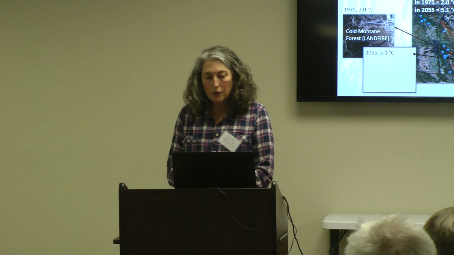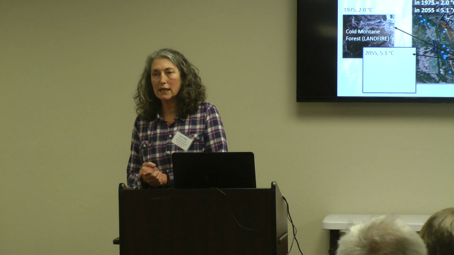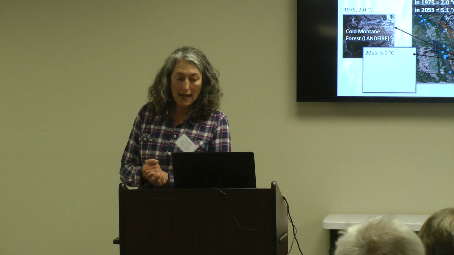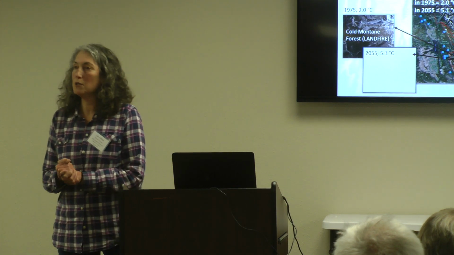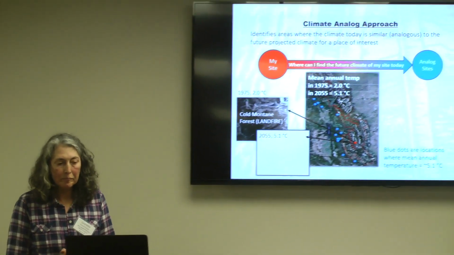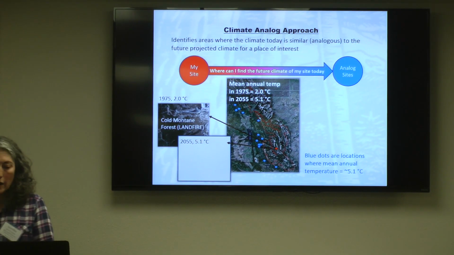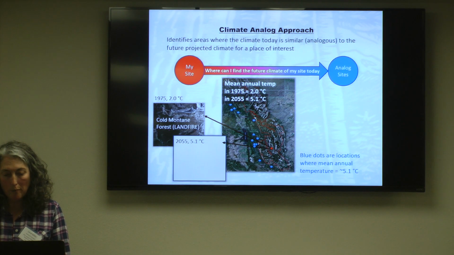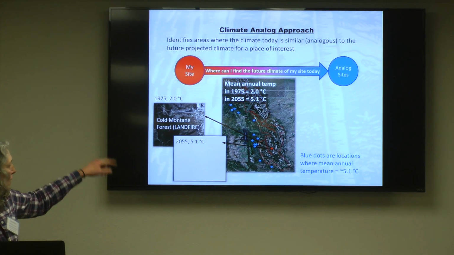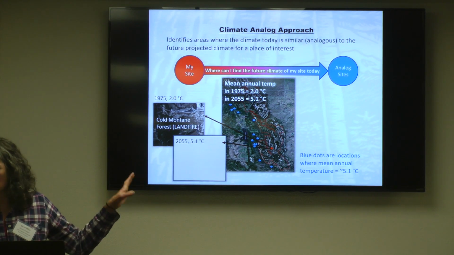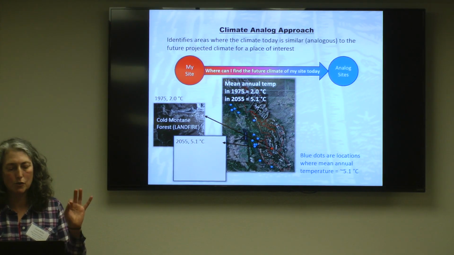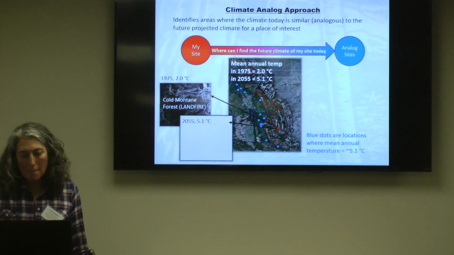And so what we do is we find locations where today the mean annual temperature is 5.1. And we refer to those as analog sites. So those are our analog locations. Those are those blue dots up there. They're not really, I just threw them on that slide. Just use your imagination.